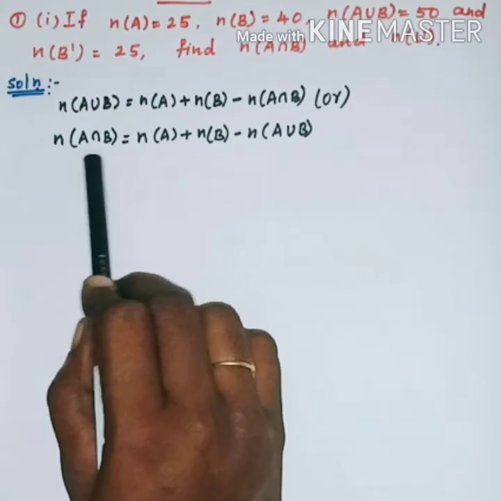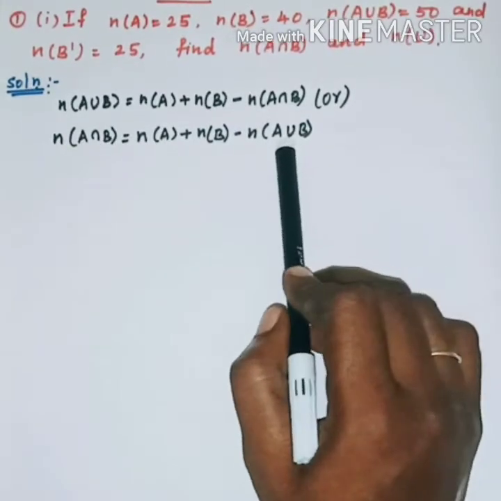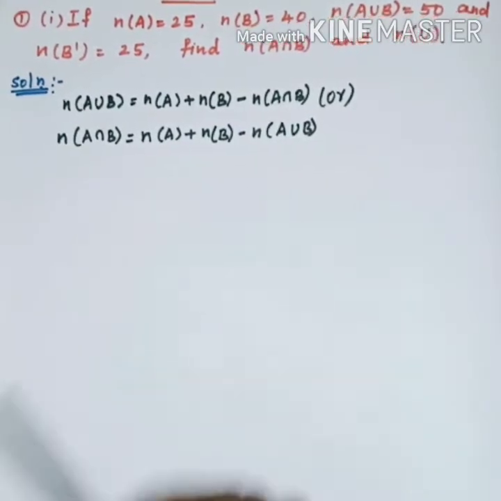If on the left hand side we have intersection, then on the right hand side union will come.